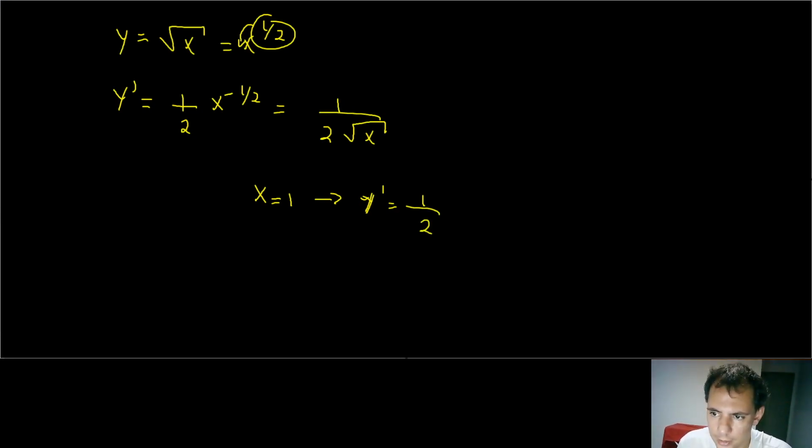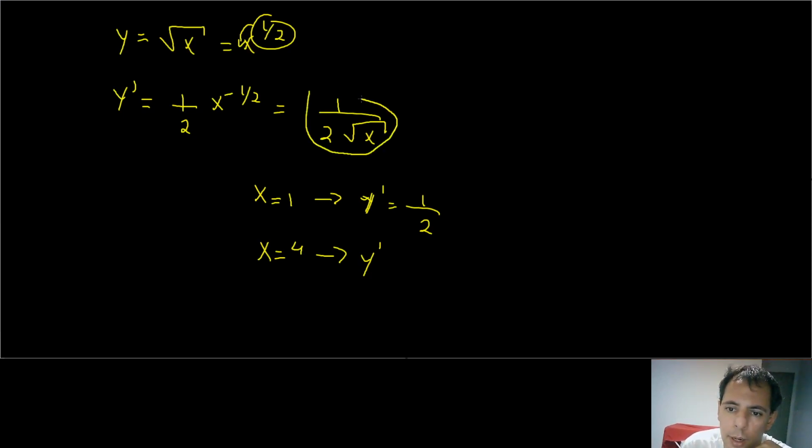When x equals 4, what is going to be the derivative? When you say the derivative, it is always this expression in here. What I'm asking is, what's going to be the angular coefficient or the slope of the tangent at the point x equals 4?